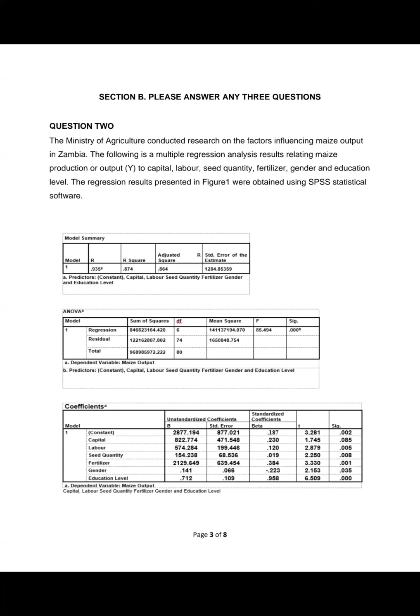We go to question 2, right? The Ministry of Agriculture conducted research on the factors influencing maize. What is being influenced? Maize output. That is your Y. It is influenced by what?